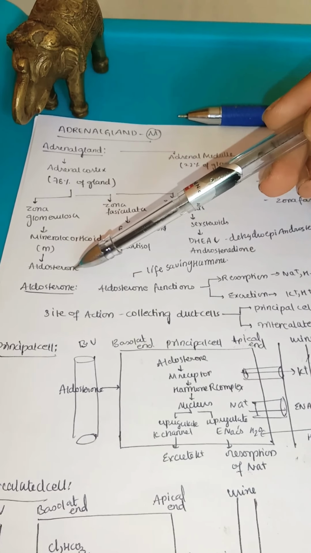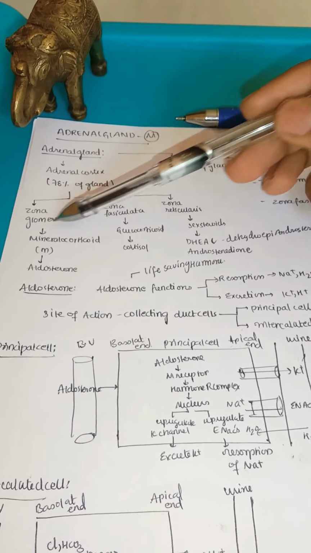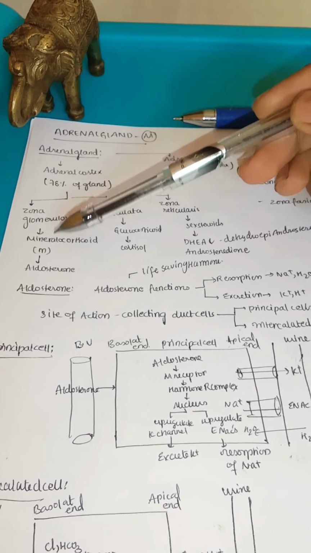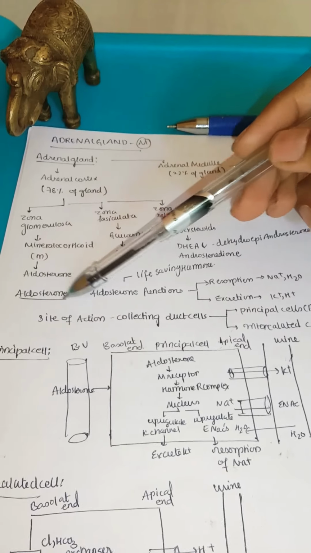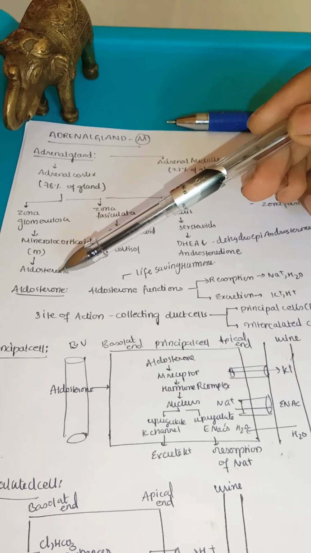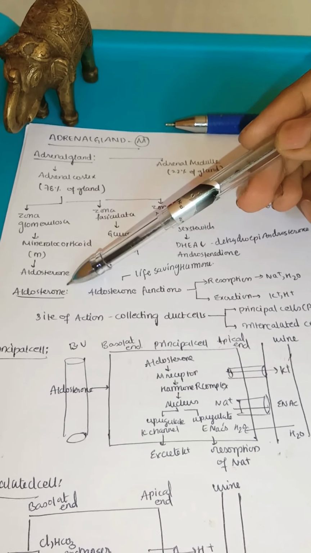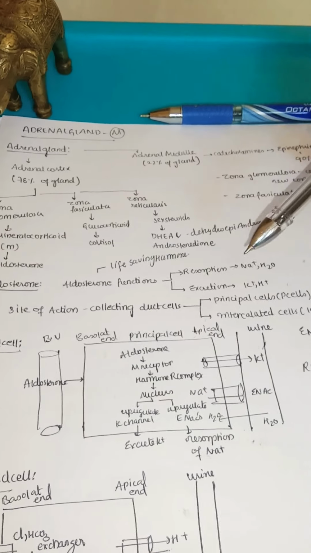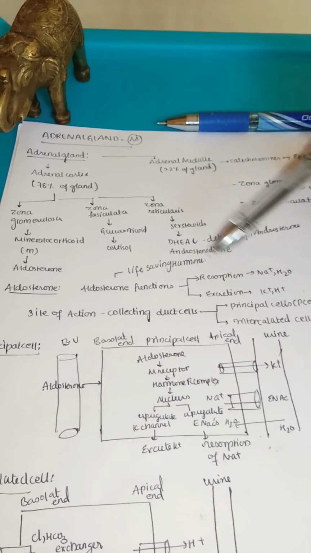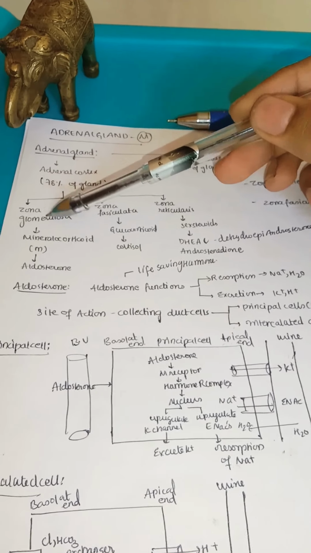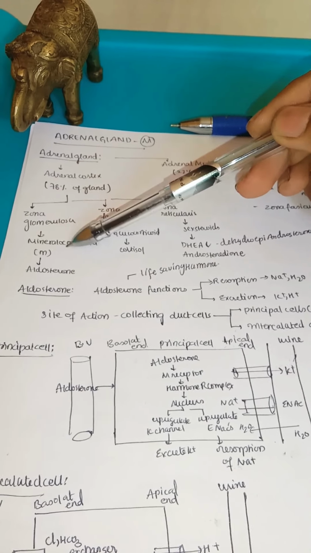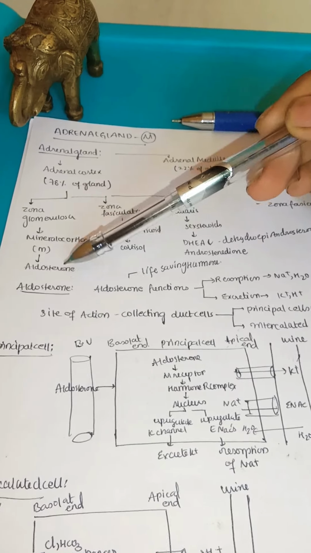To remember this, think of glomerulosa as where the glomerular capillaries are present in the kidney. This aldosterone acts mainly on the kidney, and it reabsorbs sodium and water. At the same time it also excretes potassium and hydrogen.